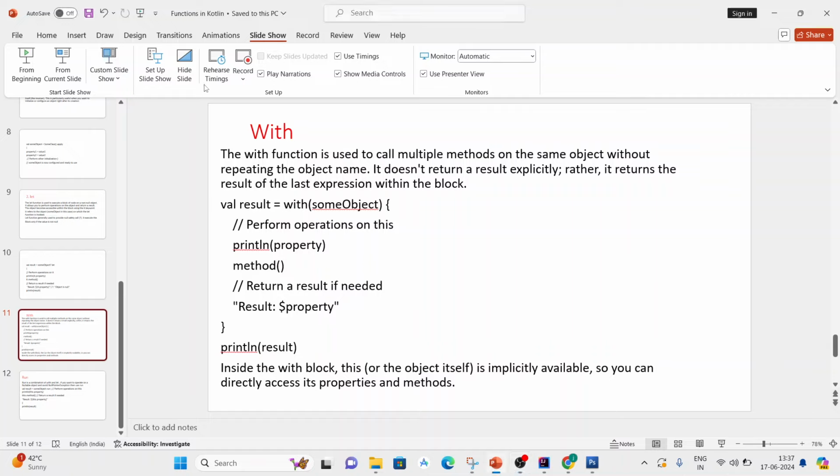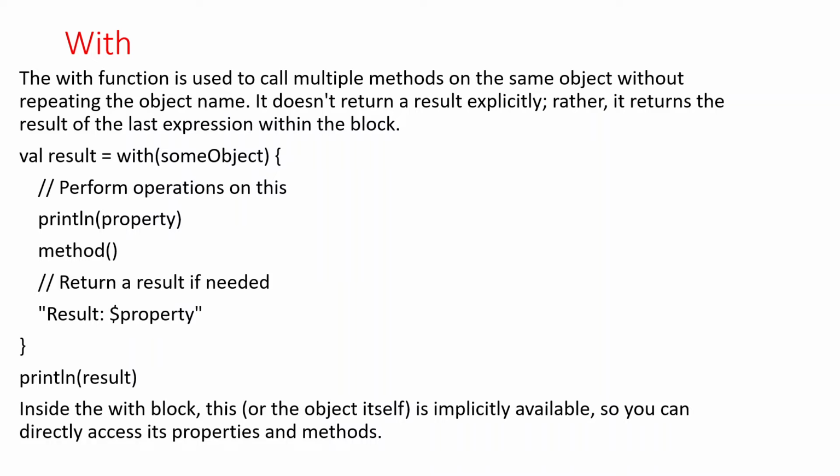The next scope function is with. Let's read about it. The with function is used to call multiple methods on the same object without repeating the object name. It doesn't return a result explicitly, rather, it returns the result of the last expression within the block.